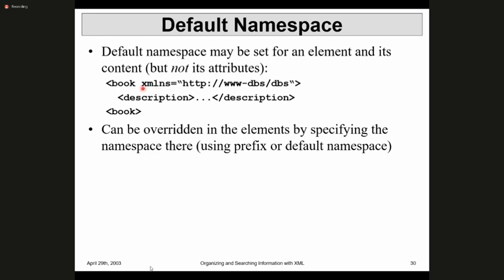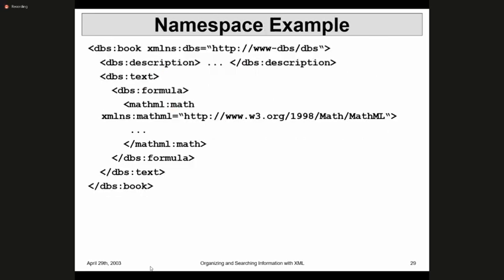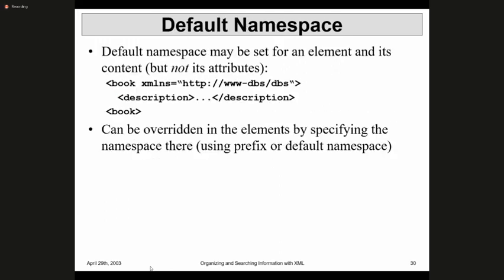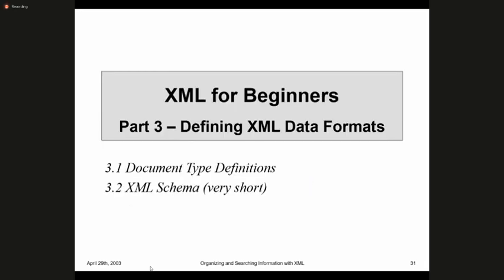If you define a namespace here, it is not essential to have the namespace under each and every element. If you want to use another namespace for a particular element within another set of elements, you have to override it by simply defining another namespace.